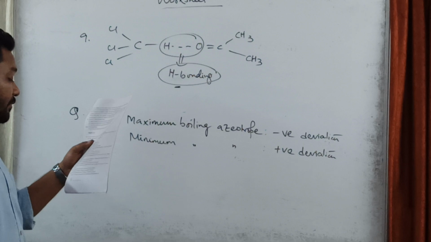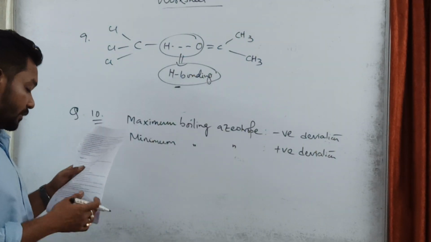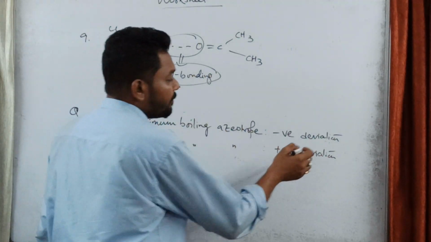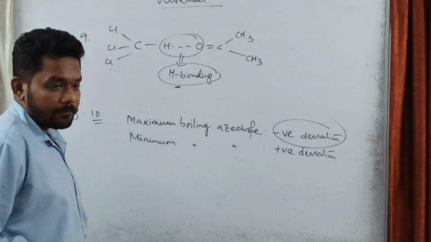So they are asking about negative deviation, which means maximum boiling azeotrope. Give an example: you can give any example showing negative deviation, like chloroform and acetone, which we have already discussed.